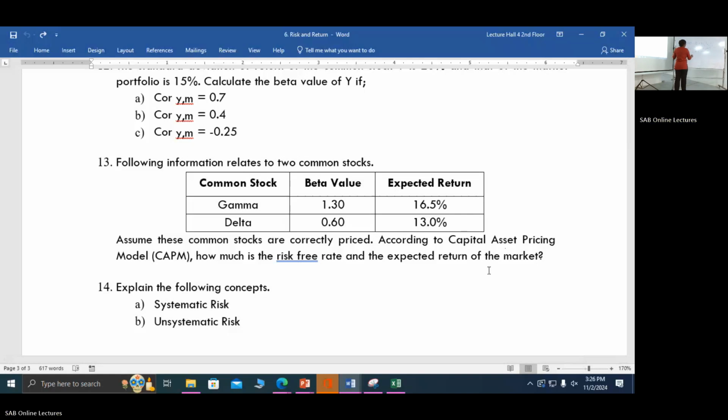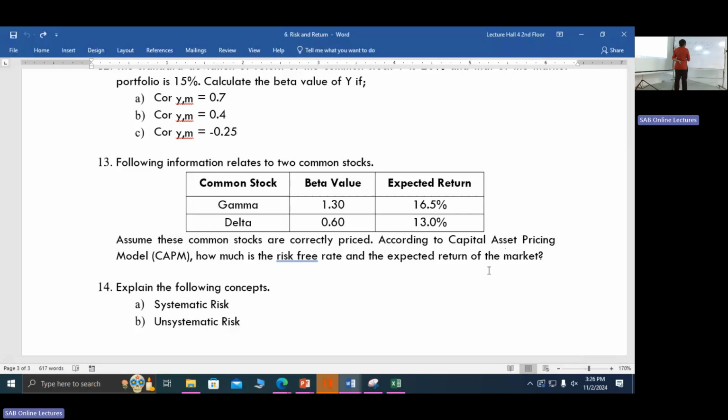16.5 minus 1.3 market risk premium is equal to the risk-free rate. So now we substitute this into the second formula for the risk-free rate.